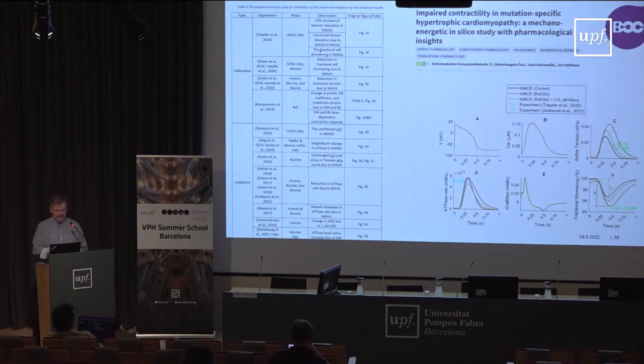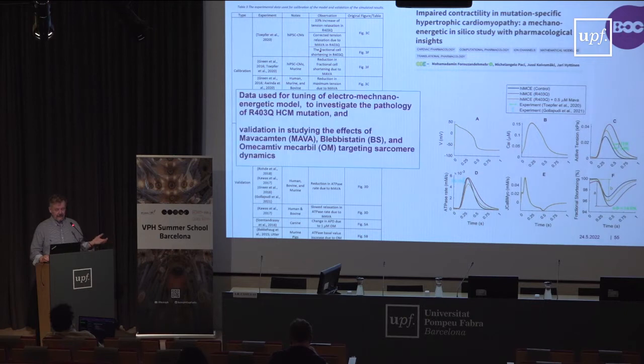But just to show, this is not just our data, there's a lot of data from the literature on different labs that was collected for this model. All this data was first collected to tune the parameters, to tune the models, and then to validate. So we applied the drug with the model and saw how it performed compared to in vitro data.